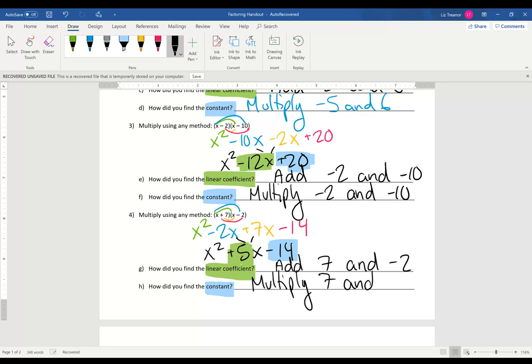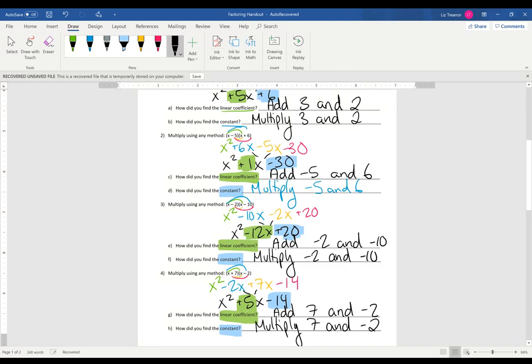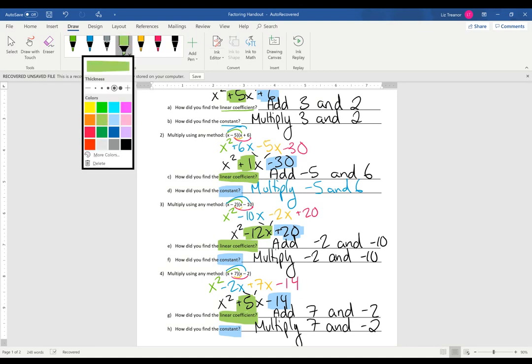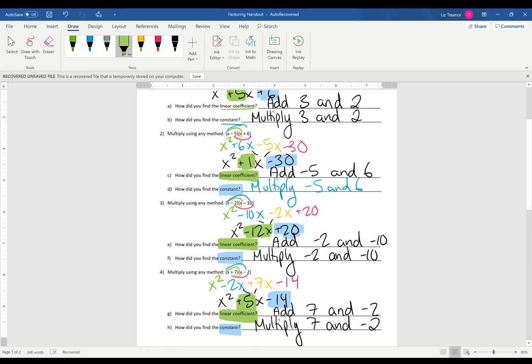And now looking at all of these questions, what do you notice about how we found the linear coefficient of all of them? Just to point them out a little bit more, how did we find everything that's in green? So we added.